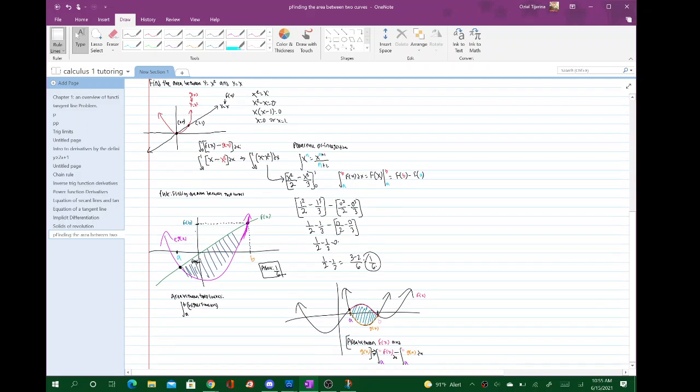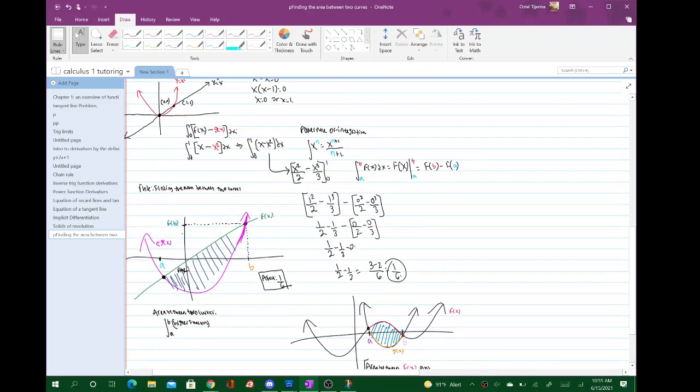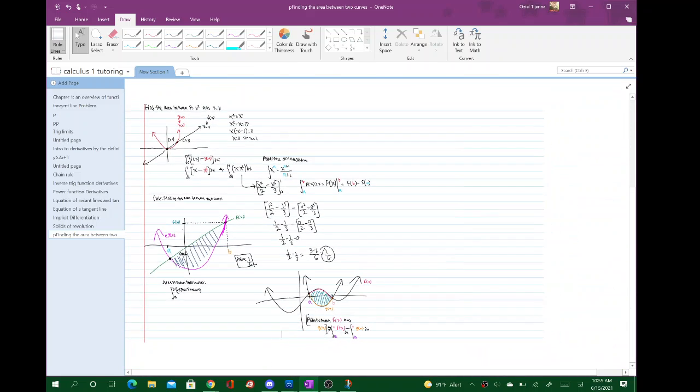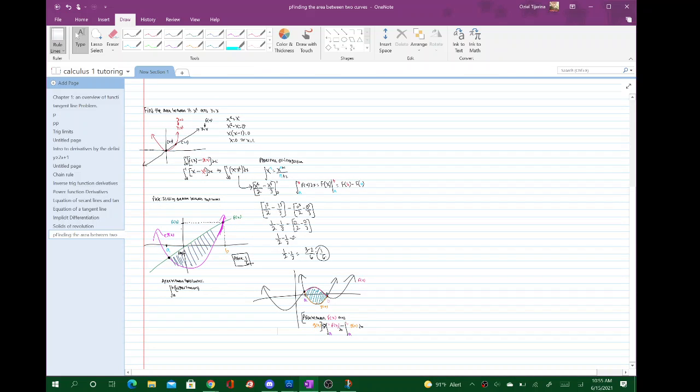Obviously we have not gone over this yet, and for those of you in Cal 2, I'm just trying my best to explain this if you've forgotten how it's done.